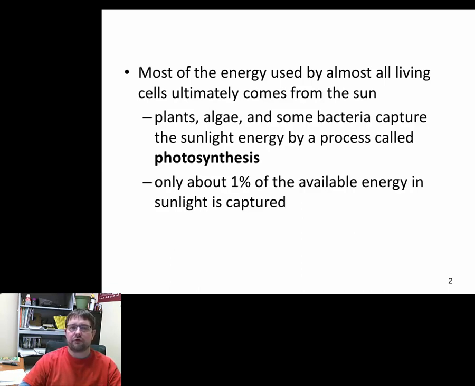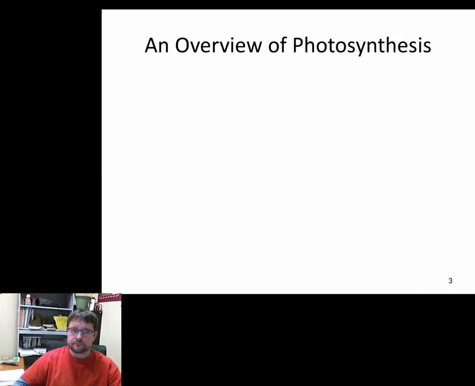These will absorb that extra energy. So a lot of it is reflected back off the planet, and only 1 or 2% is captured and converted. The energy is used to convert things like carbon dioxide into carbohydrates.